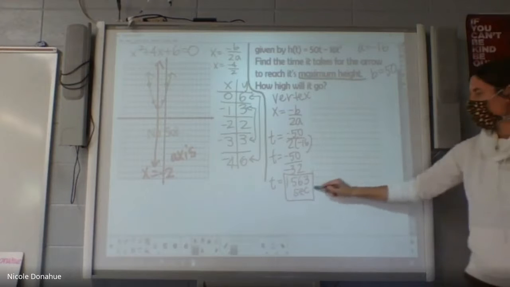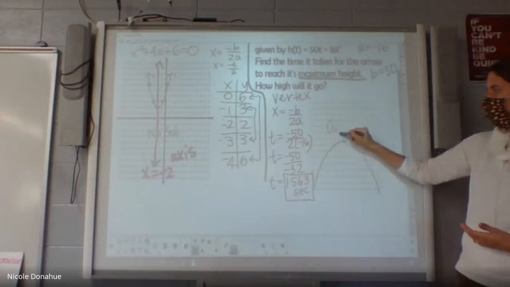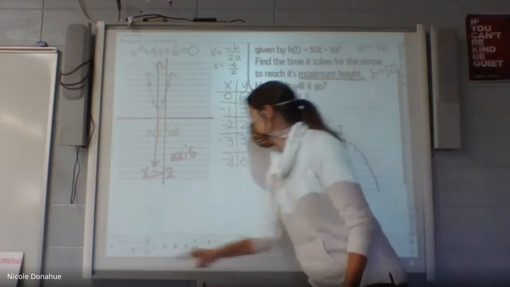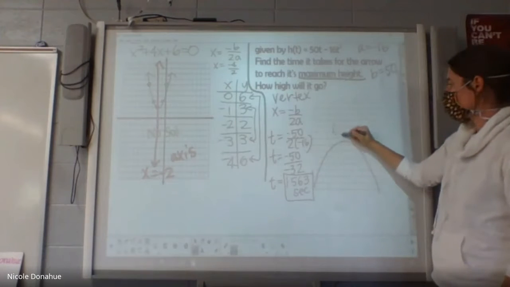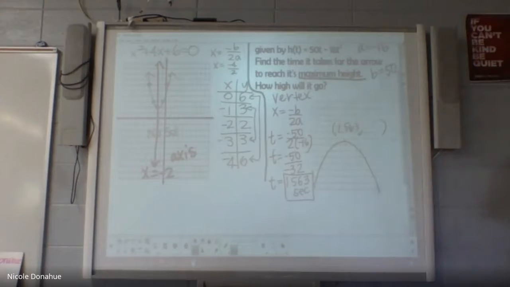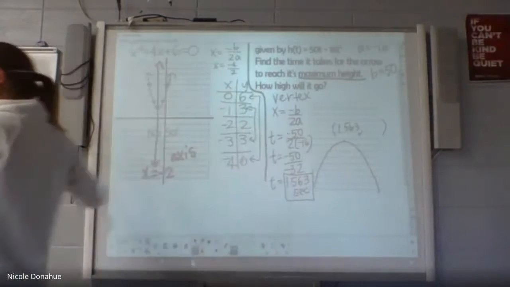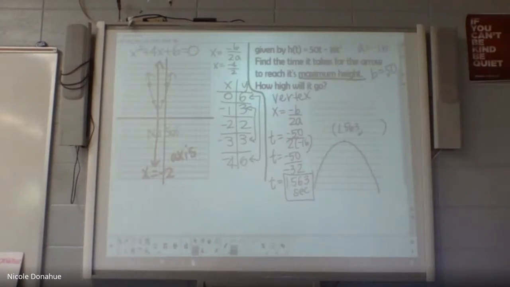So for our arrow, I don't necessarily need us to draw it. 1.563, comma, we want to know where the maximum height is, and that's what the h stands for. So we're going to take that awful number, which is not so great, but we can put it back in and figure that out based off of our equation.